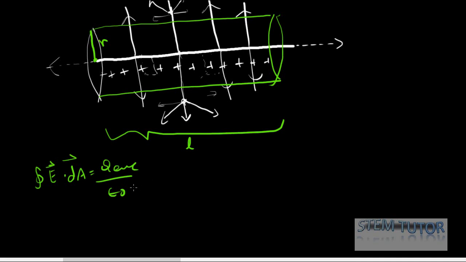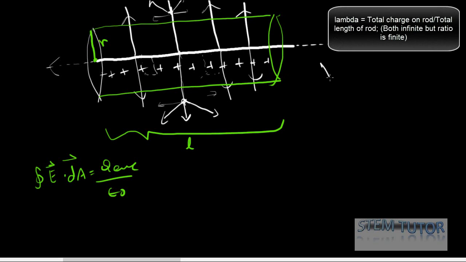Now the charge enclosed is what? We're not given the total charge on the rod, we're just told that it is uniformly distributed. From that information we can define the density of the rod as the total charge on the rod divided by the length of the rod.